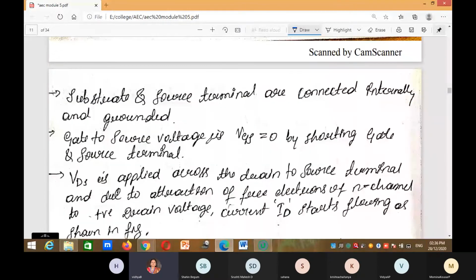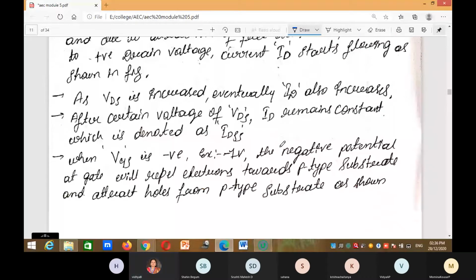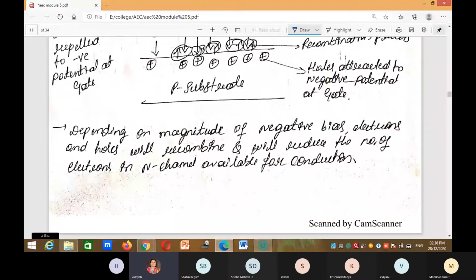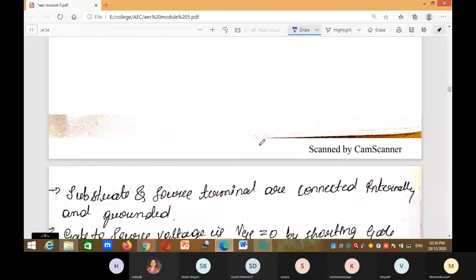First we shall consider the gate to source voltage VGS equal to 0, by shorting the gate and source terminals.